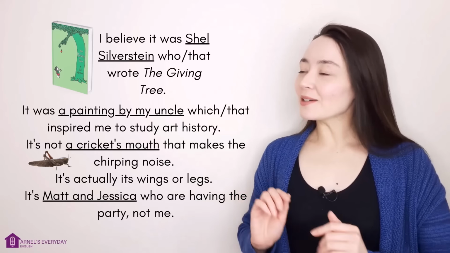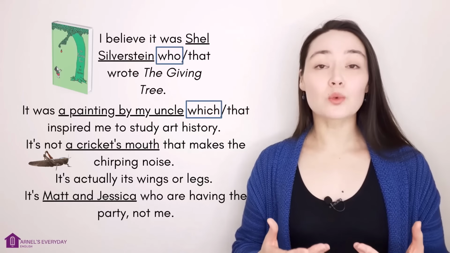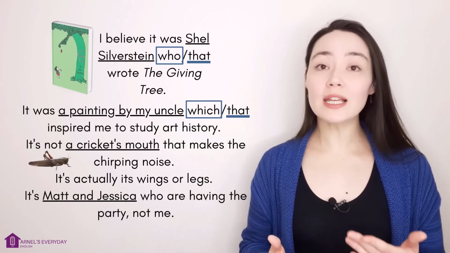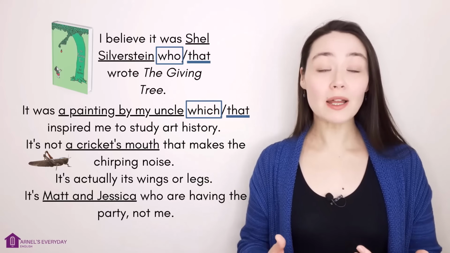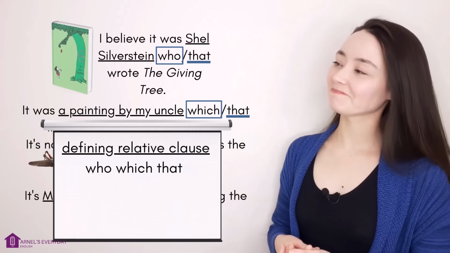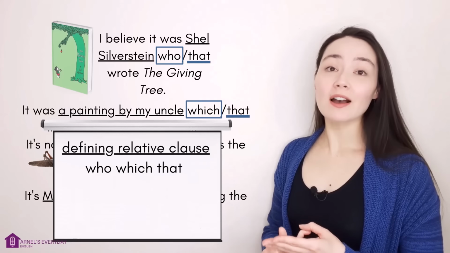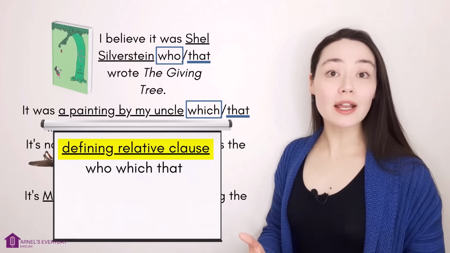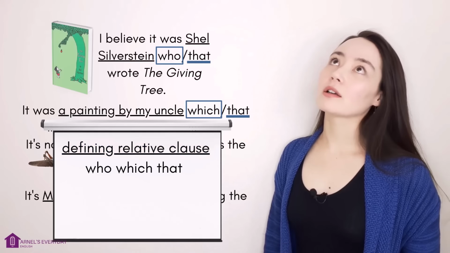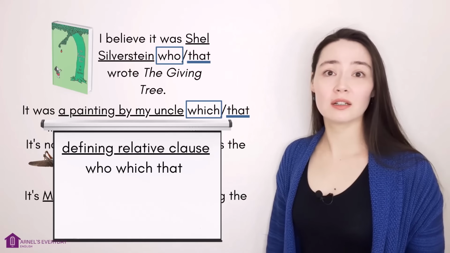Okay, let's look at the first two sentences. You can see I've used a different relative pronoun. That is really common in cleft sentences, but we can also use who or which. Who, which, or that are part of what we call defining relative clauses. And you might think, oh, defining relative clauses, what more grammar terminology?